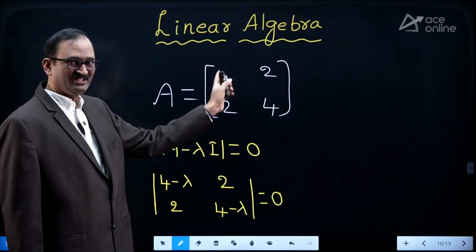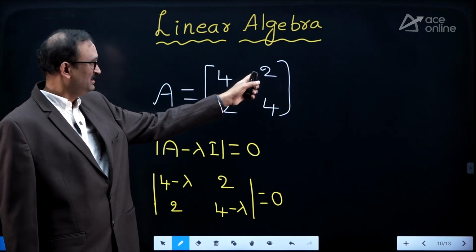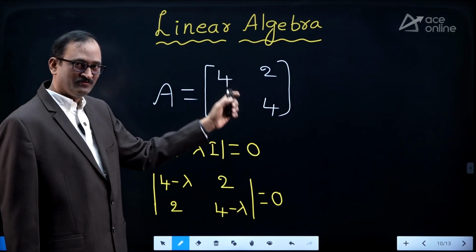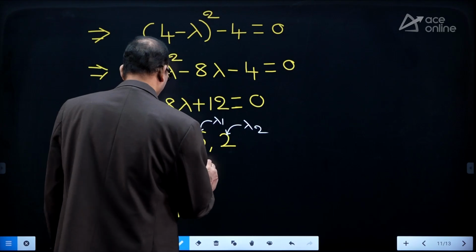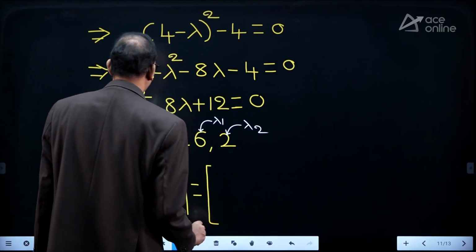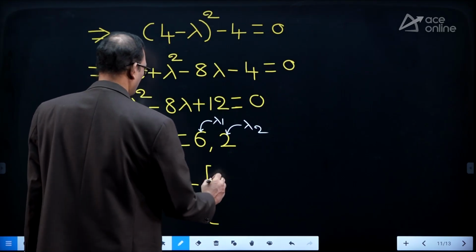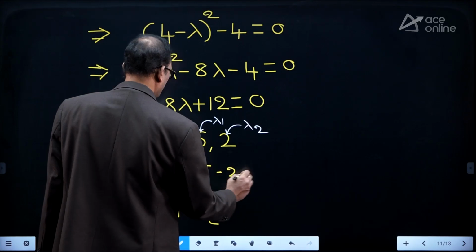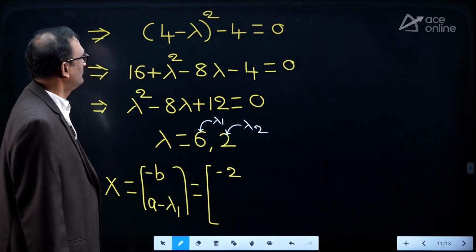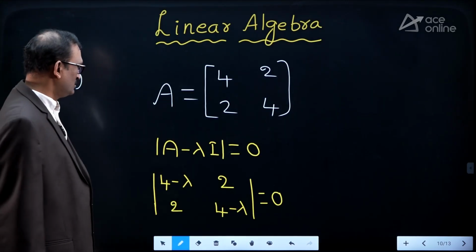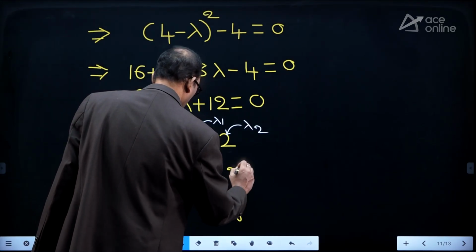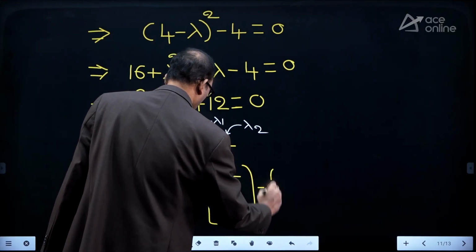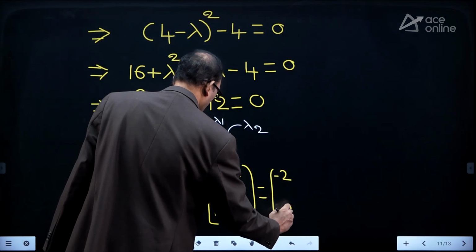So what is b? b value 2, a value 4. So minus b means minus 2, a value 4. So 4 minus lambda 1, that is 4 minus 6, that is minus 2. So minus 2, minus 2.